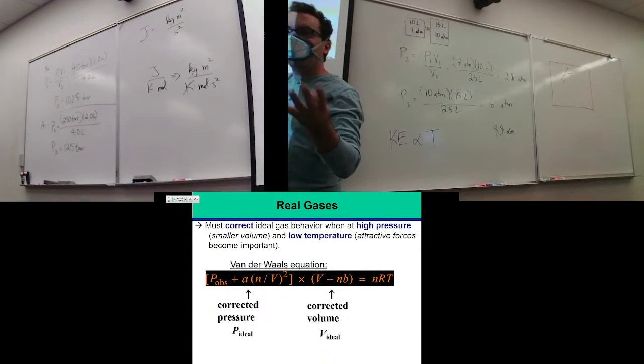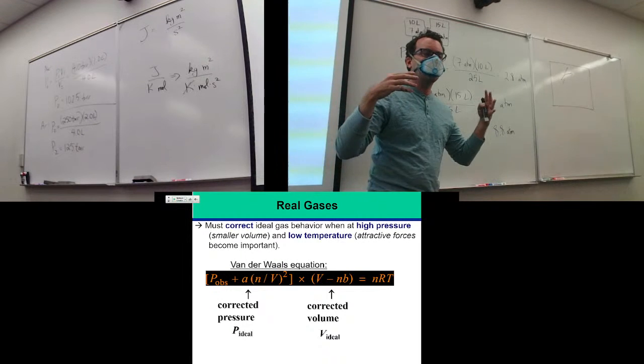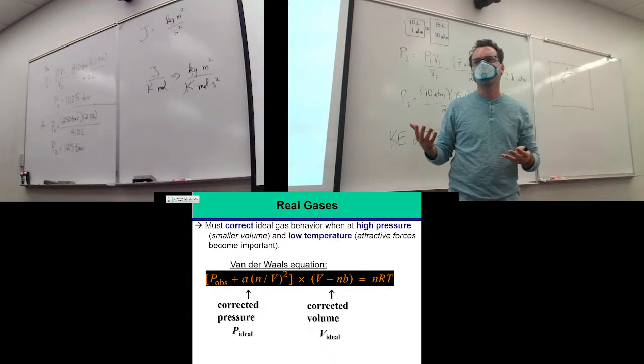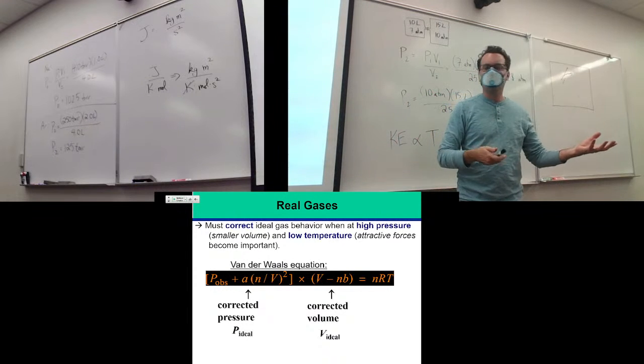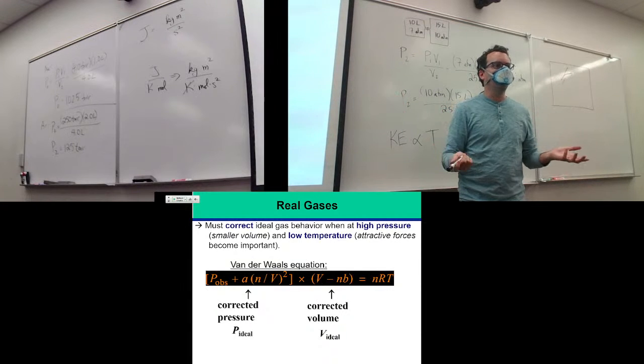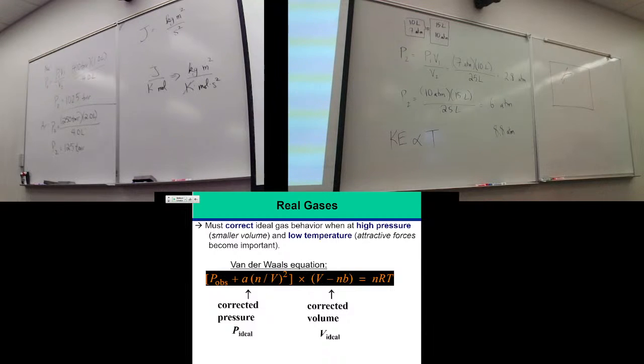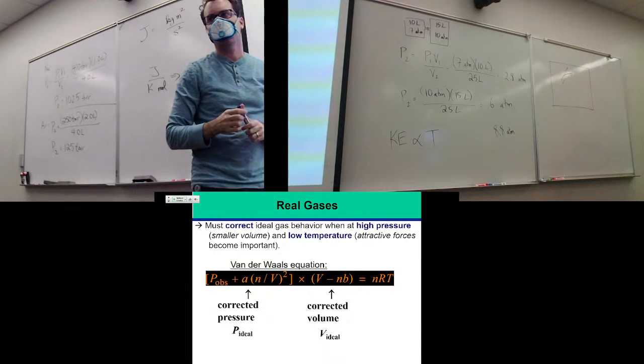This n is the number of moles. This b is a constant, and it's very specific to the gas you use. Oxygen has its own b, nitrogen has a different b. This is something you have to look up. You don't memorize this. And then over here, this is a correction for intermolecular forces.